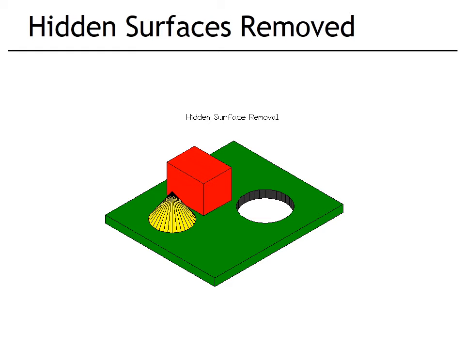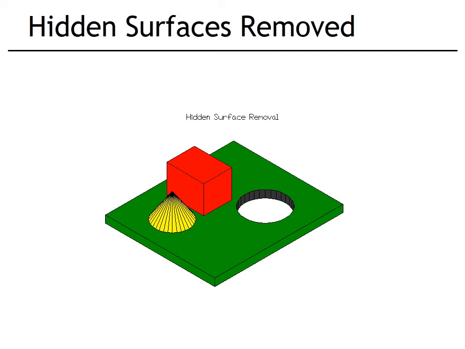This is the color representation. The cone is colored yellow, the cube is colored red, and the hole is colored with a transparent background. So they have not shown any hidden layers, hidden lines or hidden colors.